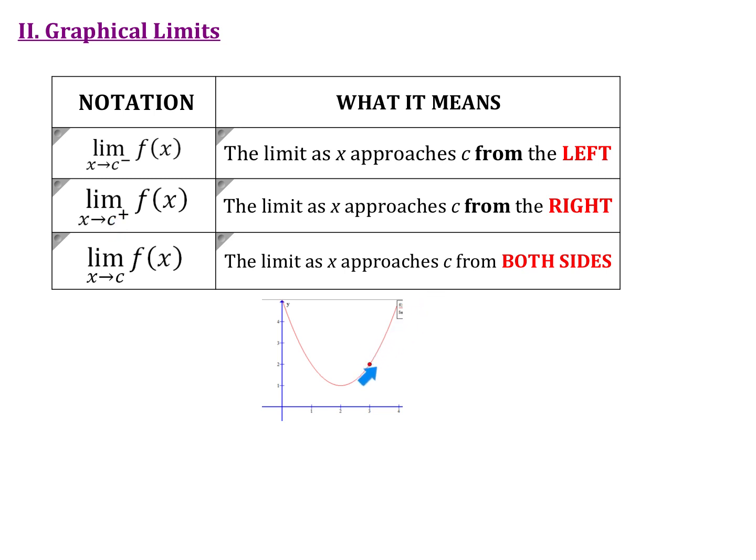So I'm approaching 3 from the right, approaching 3 from the left. If there's nothing specified, then you are doing what's called an overall limit from both sides. And what we're going to start seeing is we want these two limits to agree with each other, so that way we can claim an overall limit, a two-sided limit.